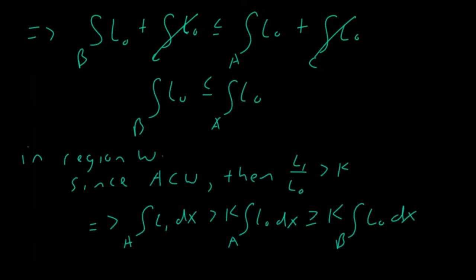Then this would imply that the integral across B of L naught is less than or equal to the integral of L naught across A. In region W, since A is contained in W, we know L1 divided by L naught is greater than K. This would imply that the integral of L1 dx across A is greater than K times the integral of L naught dx across A, which is greater than or equal to K times the integral of L naught dx across B. And if I am mixing up the order with which I should say this, I am so sorry.